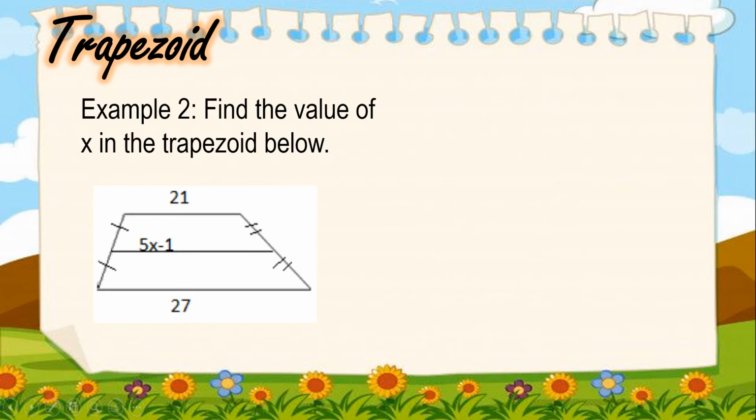Let's have another example. Find the value of x in the trapezoid below. So we know that the median is equal to 1/2 the sum of base 1 and base 2.